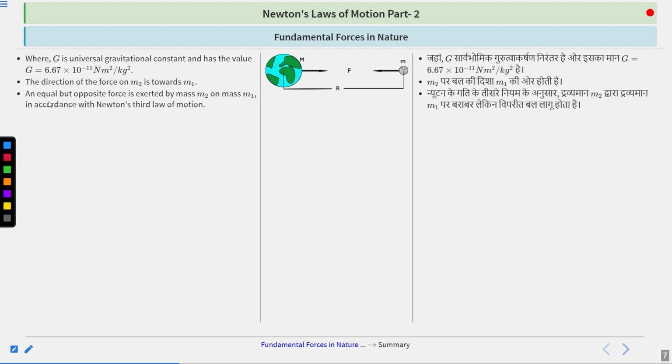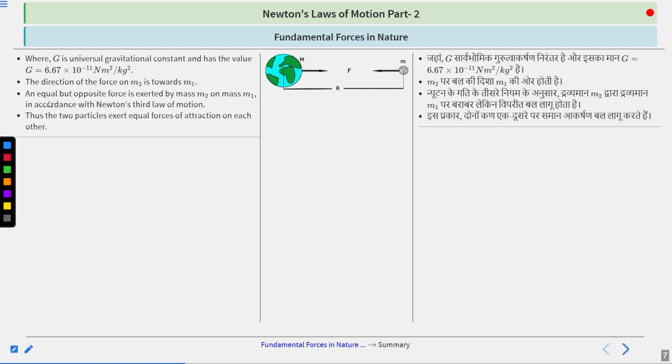So this is also written down here. If M1 applies a force on M2, M2 will apply the same but opposite force on M1 in accordance with Newton's third law of motion. Thus, the two particles exert equal forces of attraction on each other. Like here, this is the moon, this is the earth.